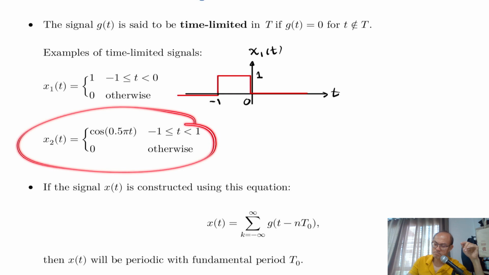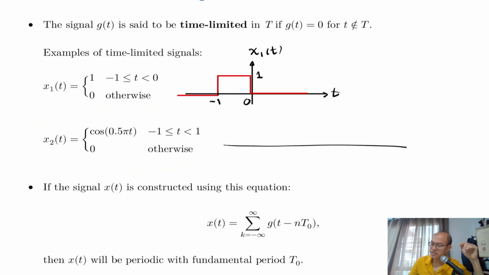And what about this? This is sinusoidal, right? But it is sinusoidal in just some interval only. The rest is 0. So let's draw this. The period of this is 4. See the period? You see why the period is 4?